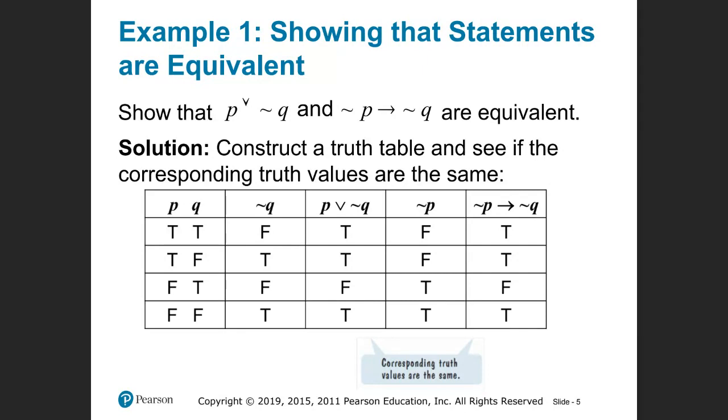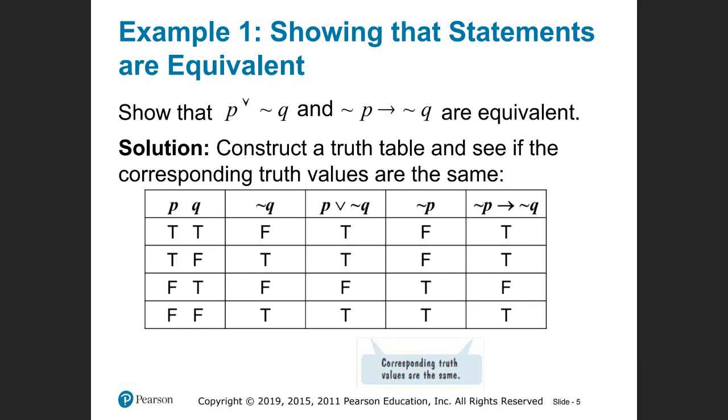So remember, if it's an or, then if either part is true, the statement is true. So we have true for everything except where both P and not Q are false. For the next one, we introduce not P, so we're going to have a column for not P. Remember with these conditional statements that it's false only if the antecedent is true and the consequent is false.